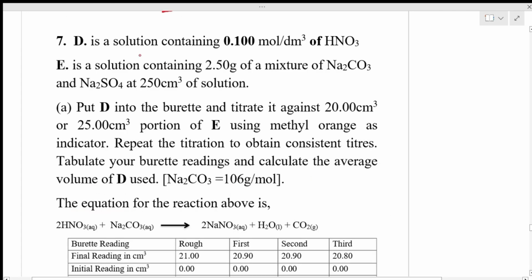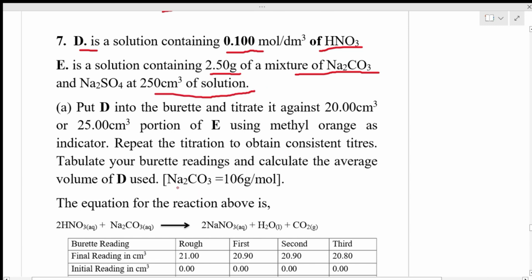Okay, you're doing well. I know you will pass this exam in flying colors because these questions are well selected. And number 7, the experiment to wrap up today's titration practical class: D is a solution containing 0.10 mole per DMQ of HNO3 and E is a solution containing 2.5 gram of a mixture of Na2CO3 and Na2SO4 in 250 cmq of the solution.